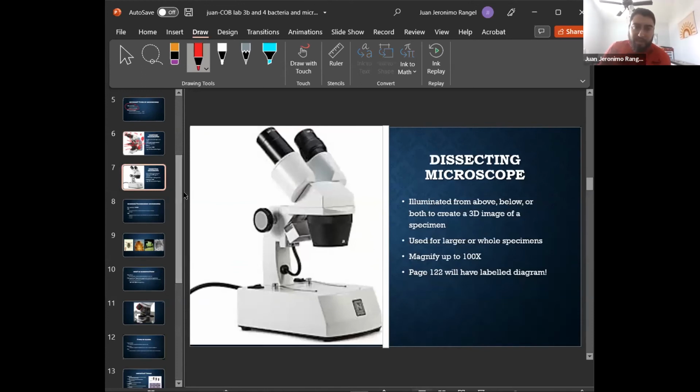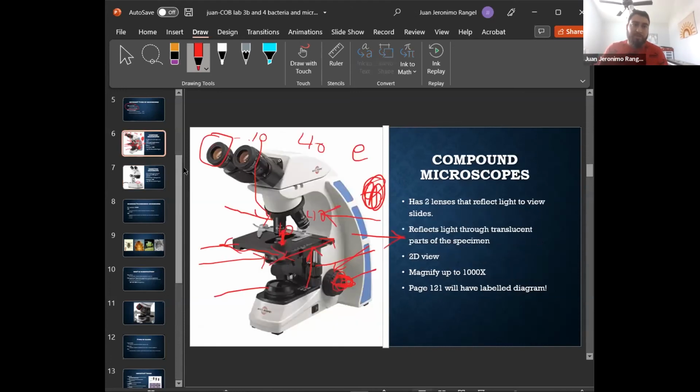This one, the dissecting microscope, you'll use it for larger things. Like you can use it for looking at live bugs or a large tissue. While this one we would use for looking at small microscopic things like cells.